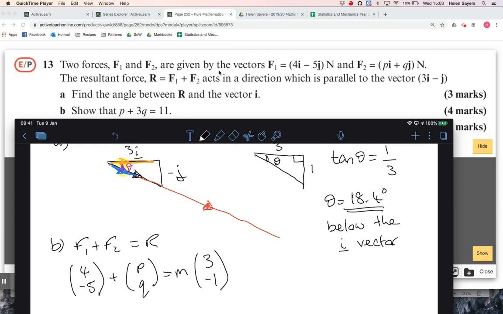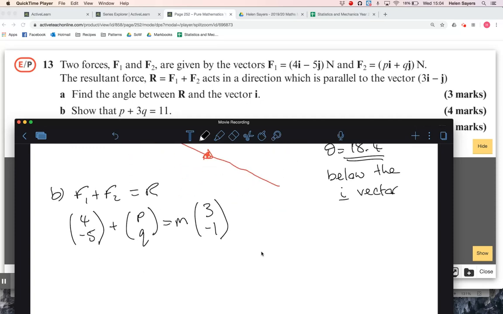Okay, so thinking back to this diagram, I know that my vector is a multiple of 3i minus j. It might be a half of 3i minus j. It might be 5 times 3i minus j. It might be 1 times 3i minus j, so it might just equal 3i minus j. But that's what it means when it says it's parallel. It means it's a multiple of it. Now they want me to end up with something with p and q in, not this new letter m that I've introduced.